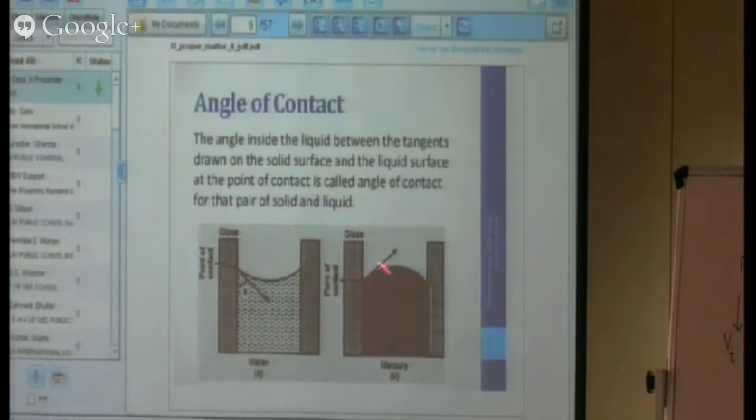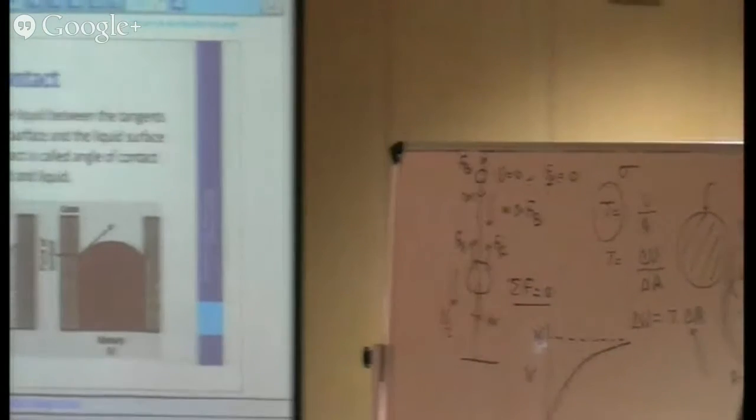If it is obtuse, for example in the case of mercury, we call this liquid a non-wetting liquid. When you put water on a glass surface, you might have noticed that the water droplets take hemispherical structures. But in the case of mercury, it always takes a shape close to spherical. So this angle of contact is quite important when we handle the problems of surface tension.